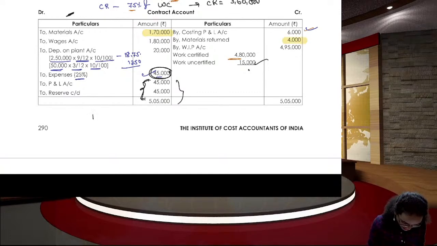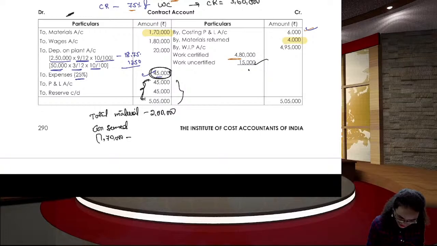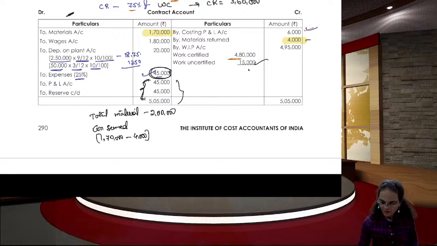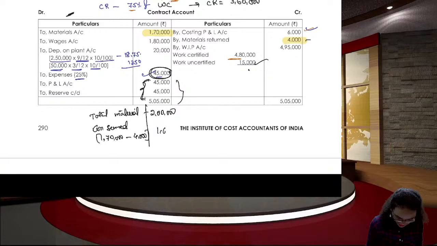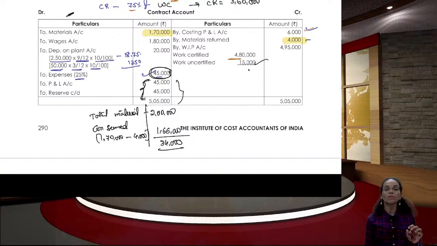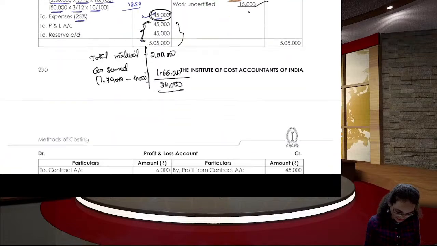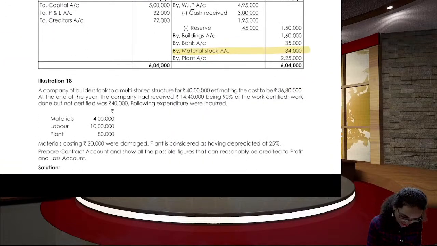So total material is showing 2 lakhs. From this, how much is consumed? Consumed is 1,70,000 minus 4,000 closing, which is nothing but 1,66,000 consumed. 2 lakhs minus 1,66,000 is 34,000, the value of the material we have with us. That is 34,000.